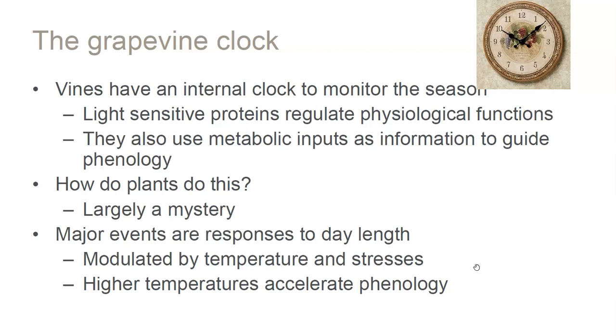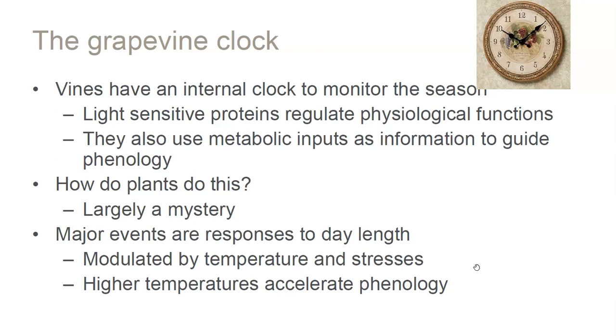Is that right? Yeah, it changes angle, right? So it's emitting different wavelengths the way it's hitting the atmosphere, right? So these proteins can sense that, and that's actually the major driver of phenology. But temperature and other stresses can modulate it, right?